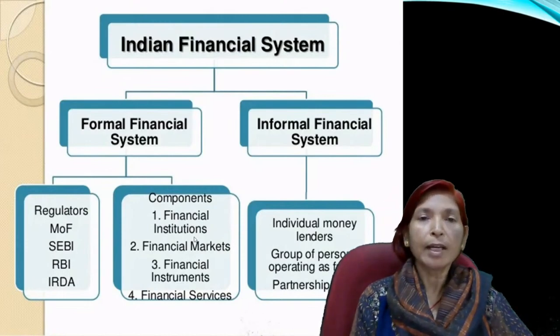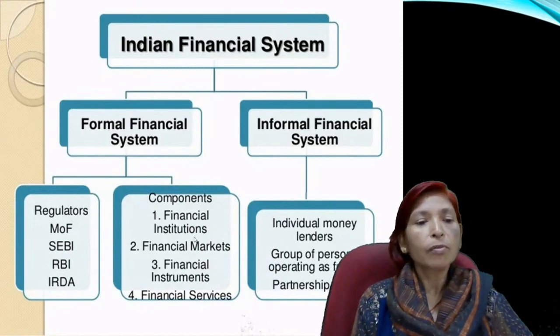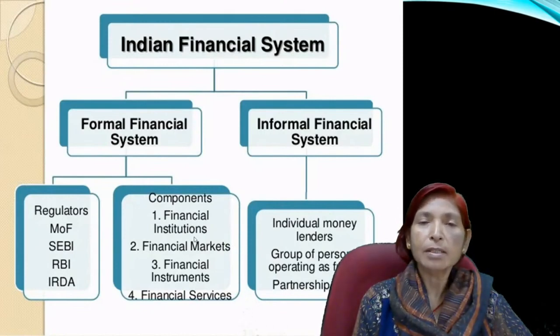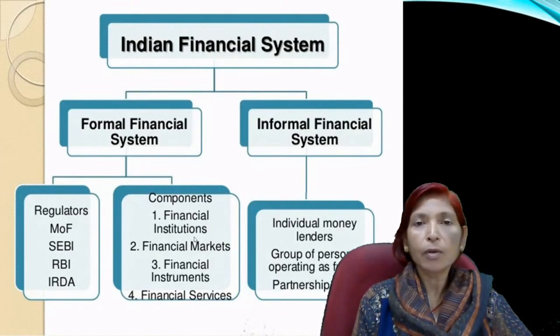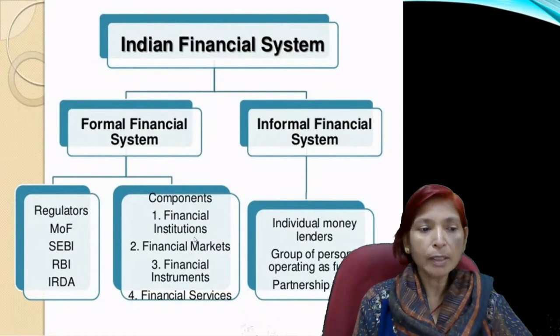In a formal financial system, again we can classify it into two categories. One is regulators. Who are the regulators of formal financial system? RBI is the regulator. RBI means Reserve Bank of India, who is the apex institution of monetary authority.